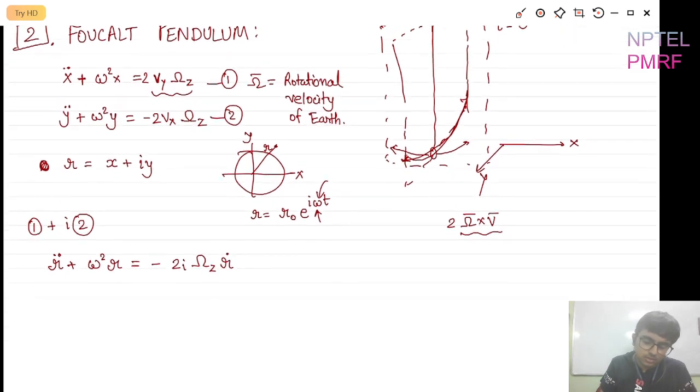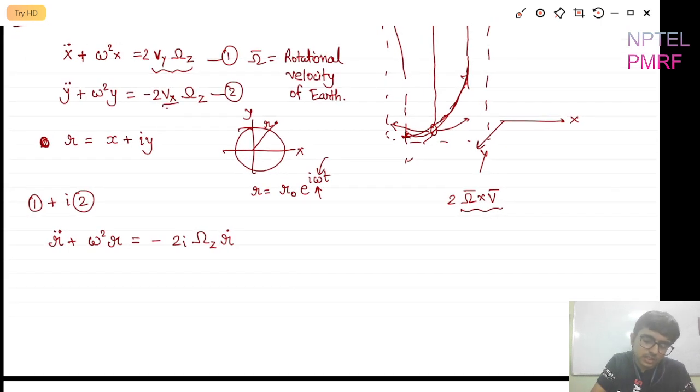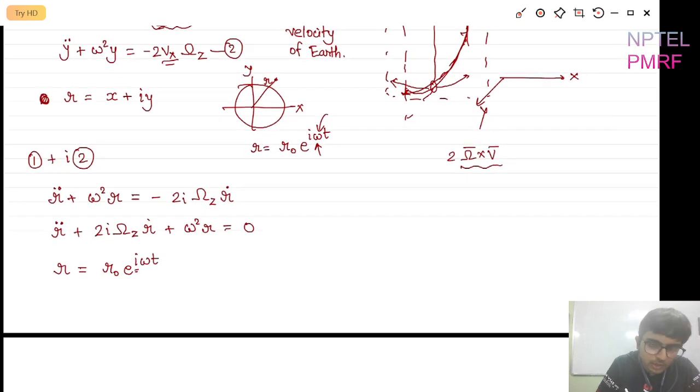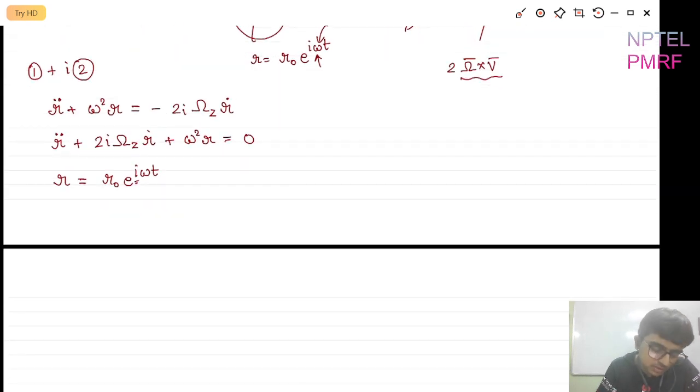Okay, because r dot is vx plus i vy. Okay, so now I can write r double dot plus 2i omega z r dot plus omega squared r is equal to 0, and this is a second order ODE that we have solved in the past and we all know how to do it. The trick is to write r as some r0 times e to the power i omega t, right? You can absorb i in the omega as well, both give the same answer.